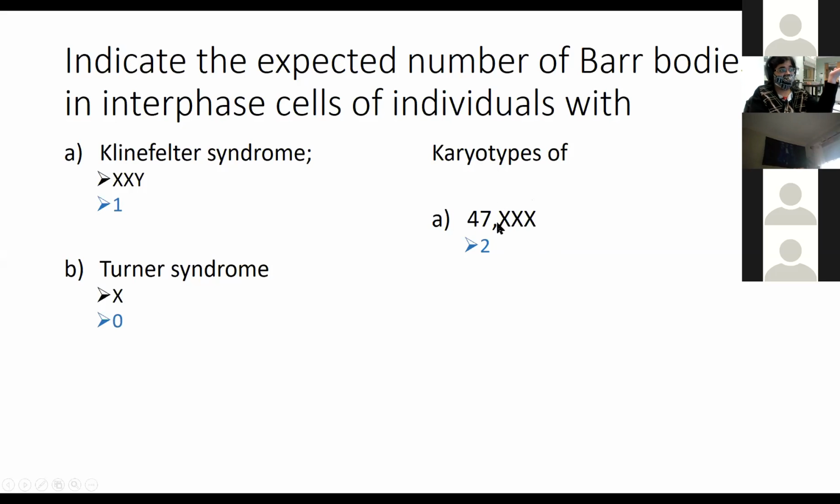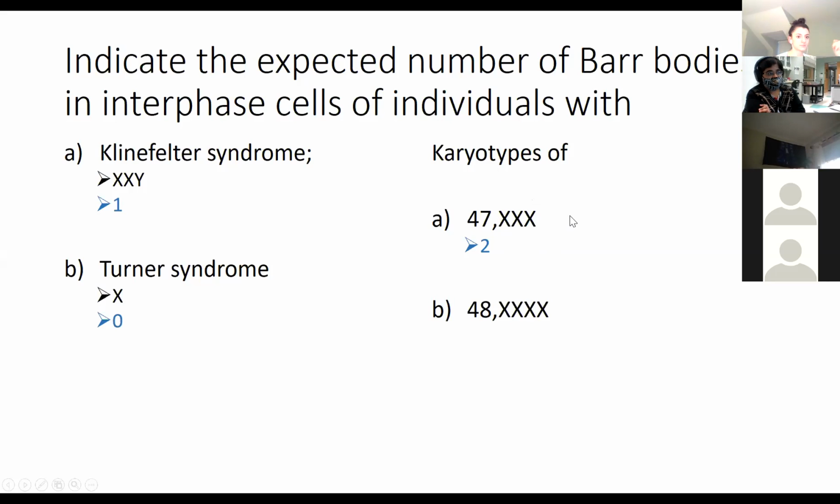So one remains active, and then you end up with 2 inactive ones. Does that make sense? Yeah, it makes sense. So what about this guy? So then 3 of them are inactive. Yep, that is correct.